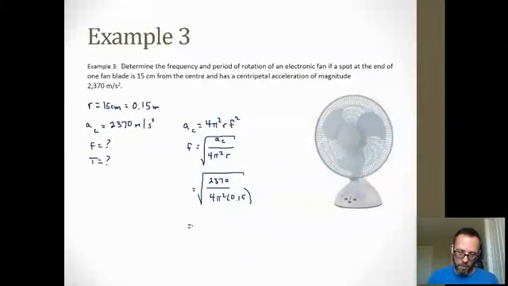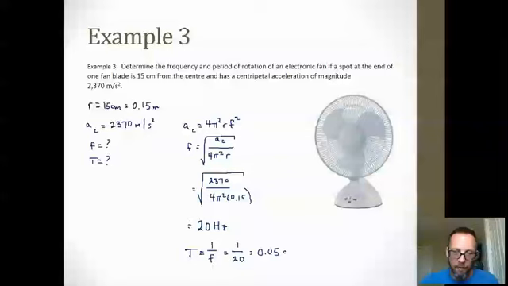So you get pretty near 20 hertz, or 20 revolutions every second. So what's the period? Well, the period and the frequency are reciprocals, 1 divided by each other. So the period would be 1 divided by 20, or 0.05 seconds for 1 revolution.